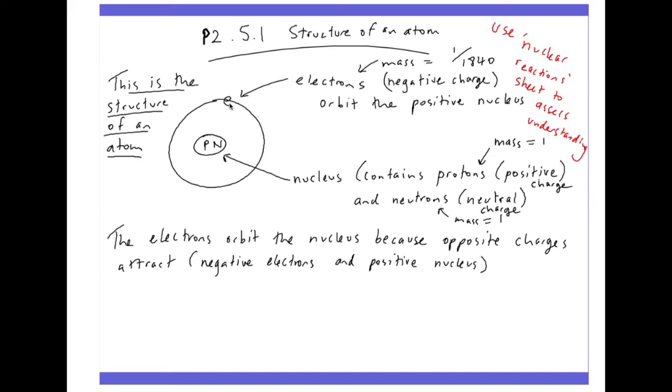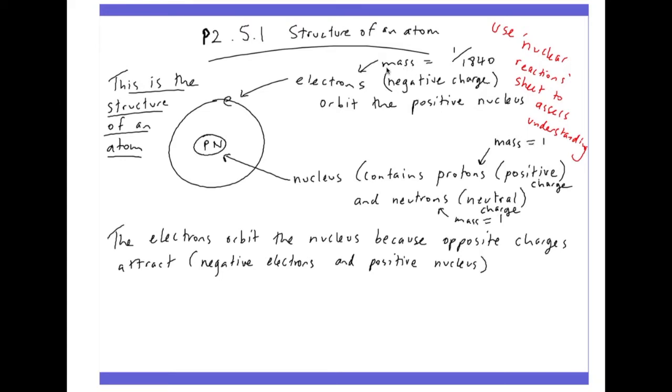Now you need to be able to tell the examiner what the mass of the electrons is. So it's very small. It's what we call negligible. I'll come back to that in a second. We see that the mass of a proton and the mass of a neutron have got a mass of 1. The real life number is very, very small, so they've just standardized it and said 1.